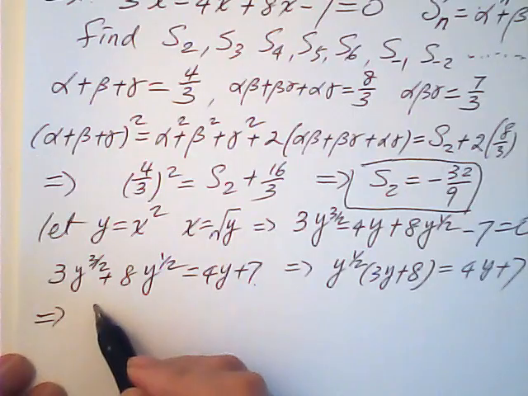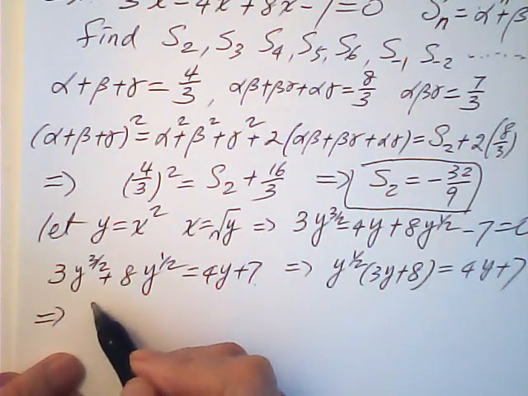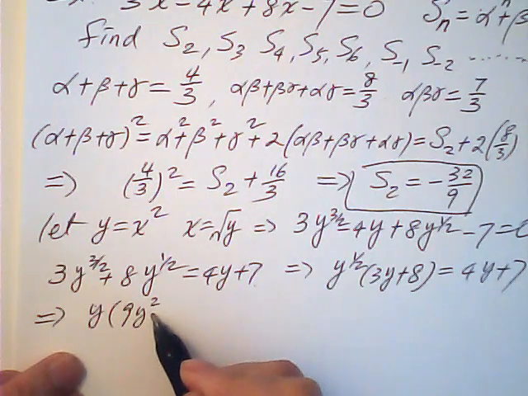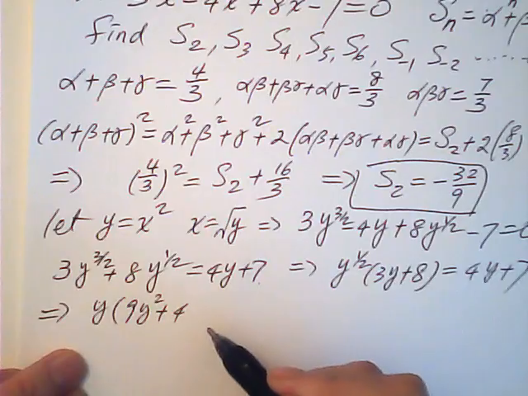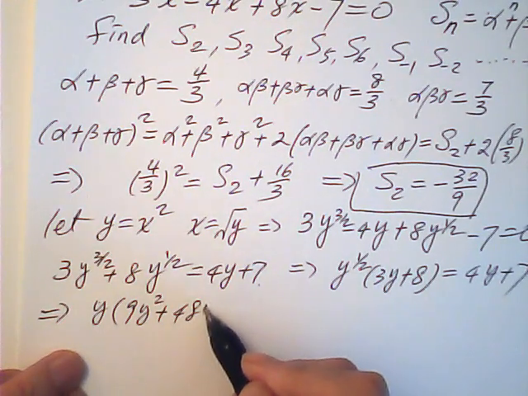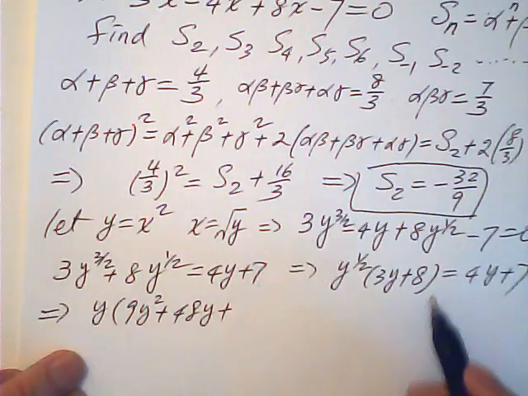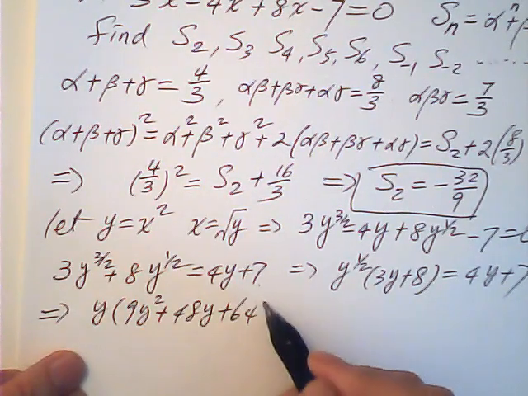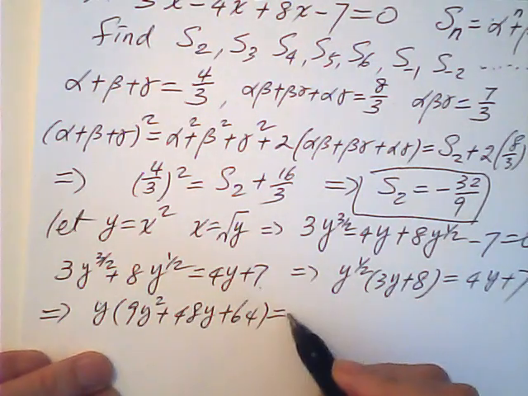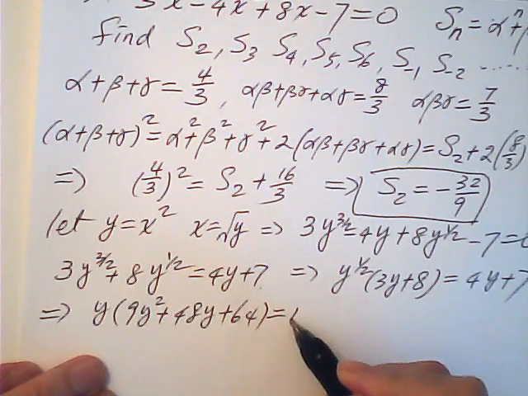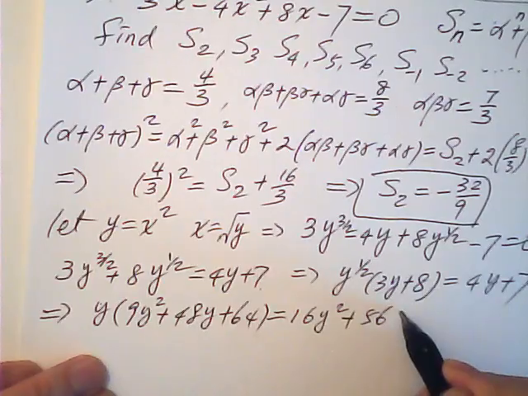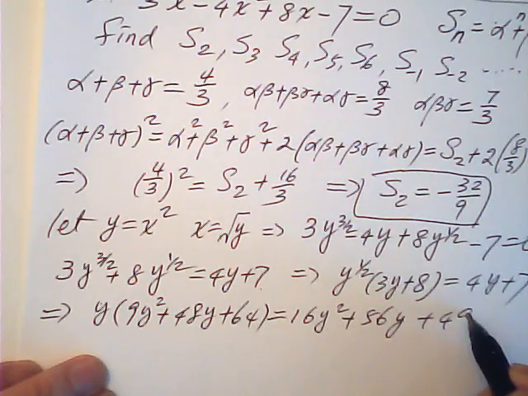Squaring both sides, we have y times 9y squared plus 48y plus 64 is equal to 16y squared plus 56y plus 49.